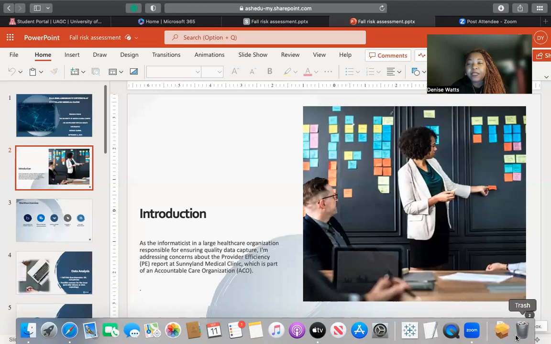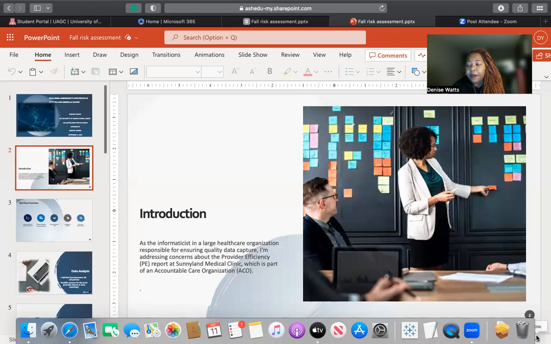The PE report is essential for assessing our progress towards achieving this goal, and any deviations in performance are cause for concern. The fall risk assessment measure is particularly worrisome as it not only affects our ACO funding, but more importantly, the safety and well-being of our patients.